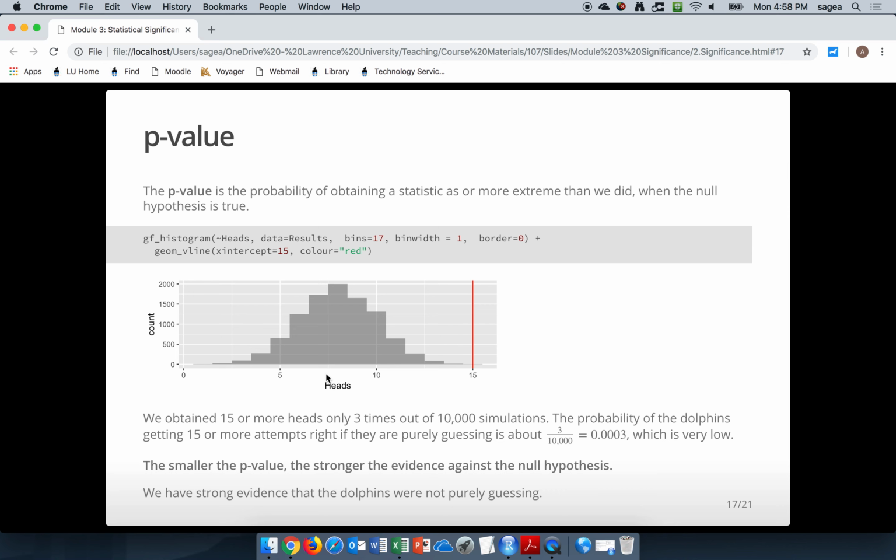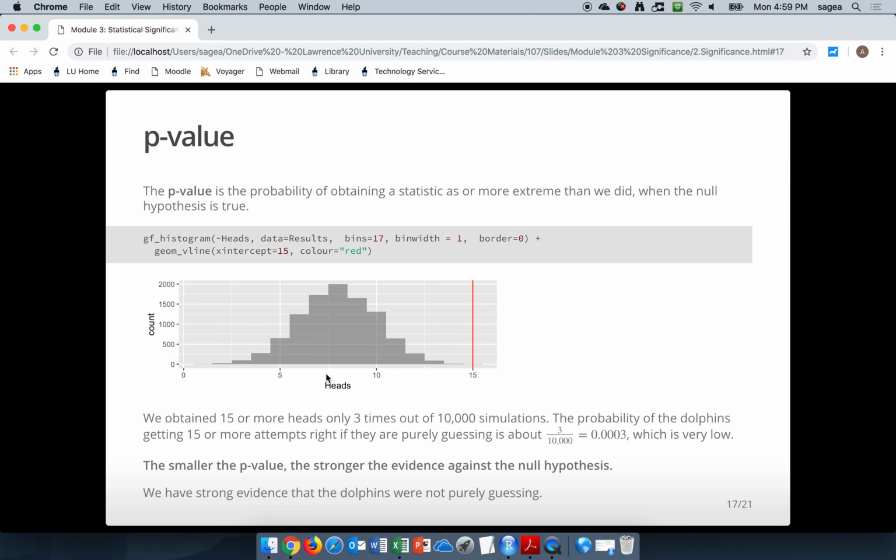In fact, in 10,000 simulations, we obtained 15 or more heads only 3 times. This tells us that the probability of the dolphins getting 15 or more attempts right, if they're purely guessing, is about 3 in 10,000, which is very low. We call this proportion the p-value.